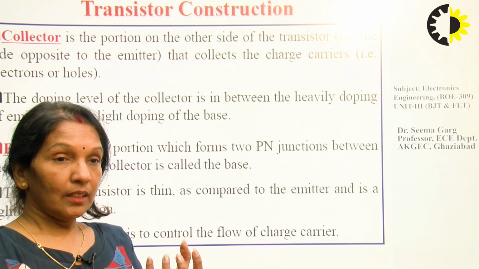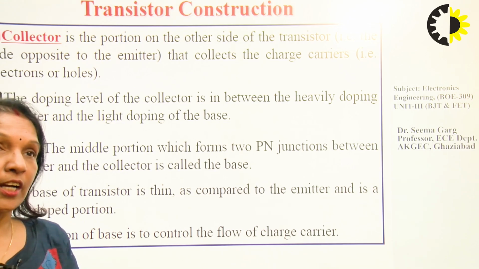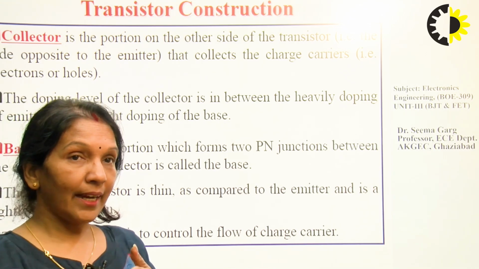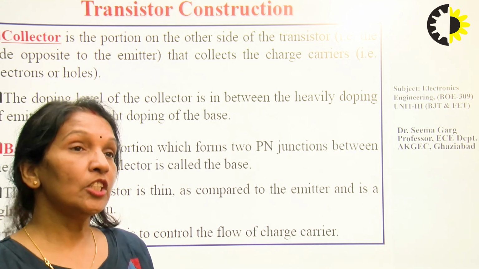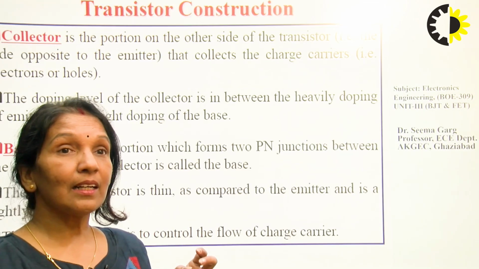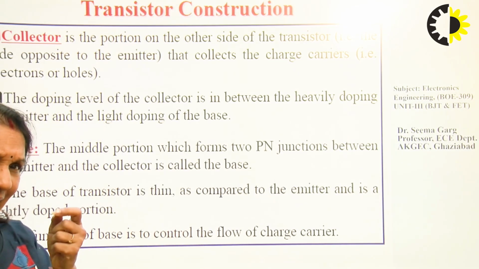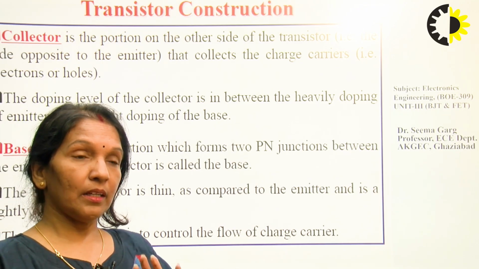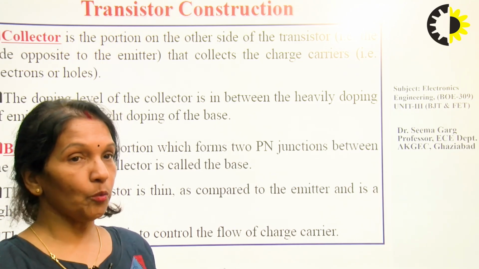Collector means the terminal which collects the charge carriers, and it is opposite to the emitter side. It collects the majority charge carriers. The doping level of the collector is heavy but slightly less than the emitter, whereas the base is the most lightly doped material.